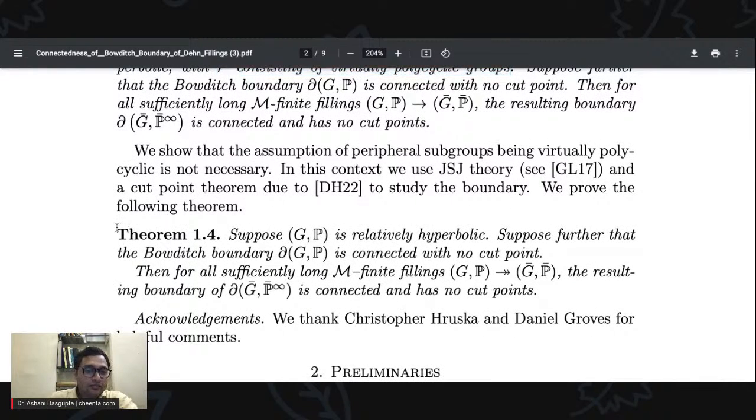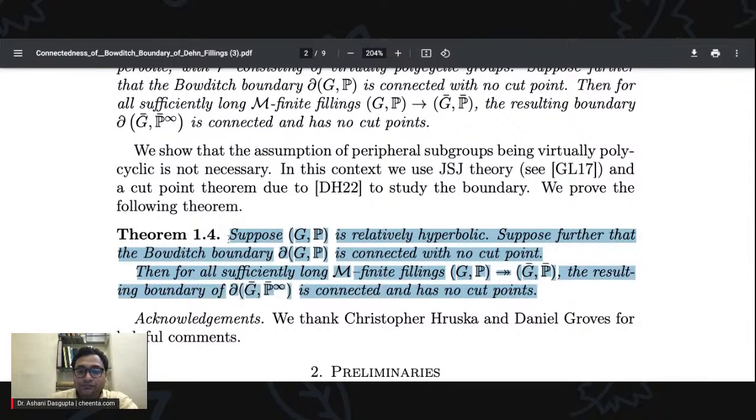We actually remove that particular restriction, and we show that no matter what, if the original boundary is connected, then the filled in boundary will also be connected. I would say that this is the more important theorem in a sense, a more important removal of restriction.